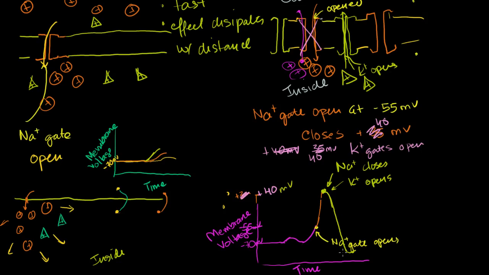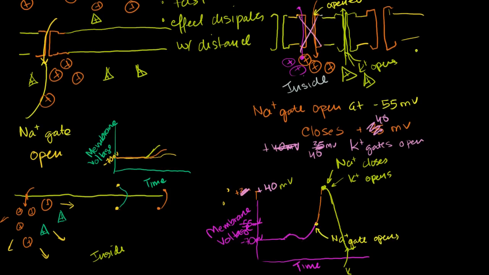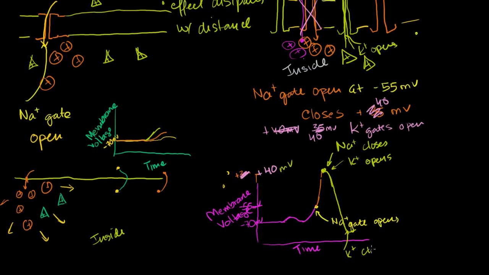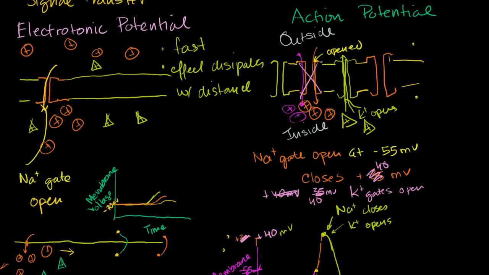So maybe our potassium gate closes at minus 80. So K, let me scroll down. K plus closes, gate closes. And then our sodium potassium pump might get us back to our minus 70 millivolts. So this is what's happening just at this point in the cell, just near that first sodium gate.